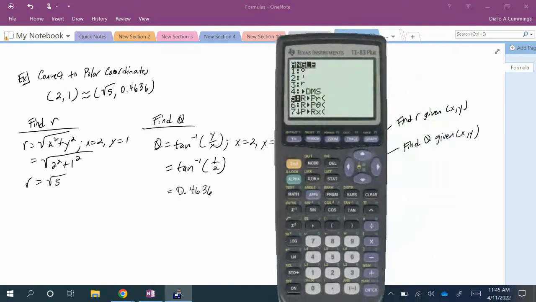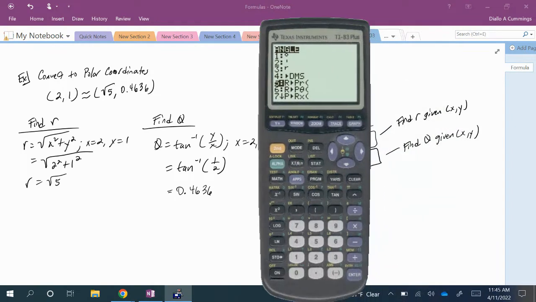All right, so let's look at finding r. I'm going to use the 5th function and put in 2, 1. Since our answer contains a radical, it's not going to give us the radical, but we can check our work. So I'm going to put in the square root of 5, and we have r.